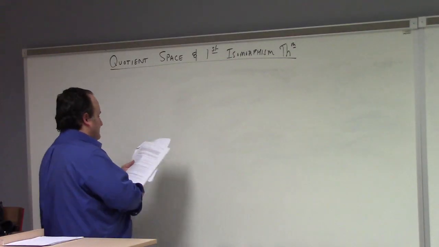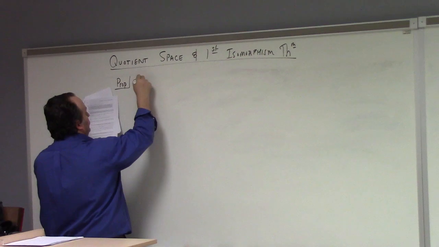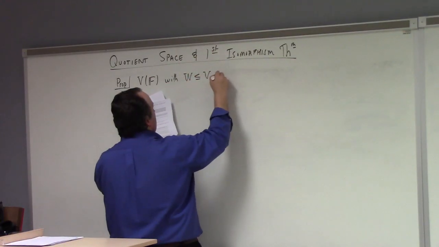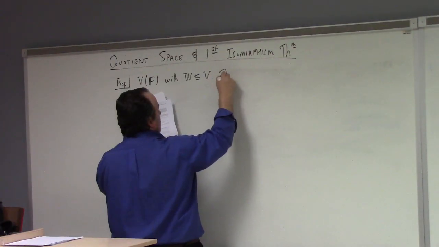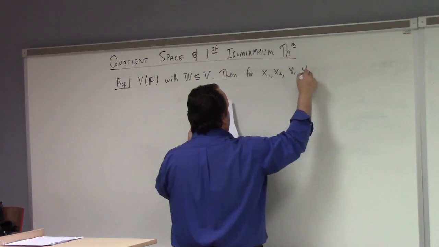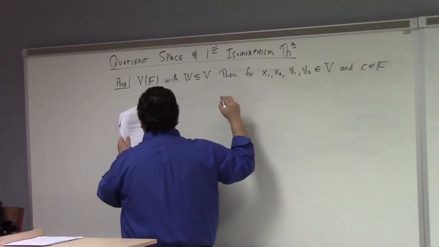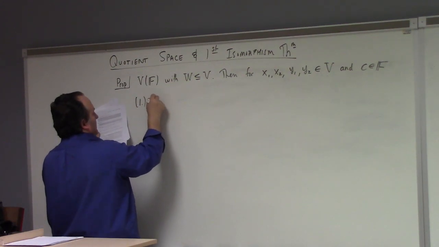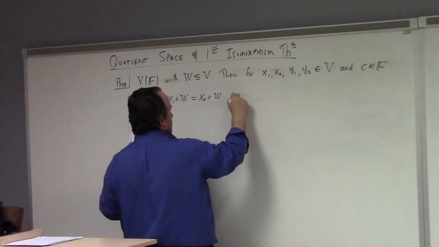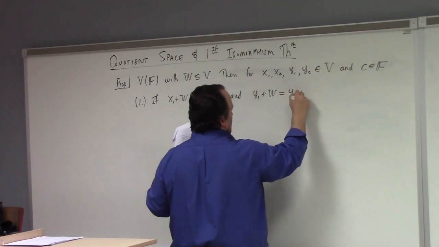So, proposition. Again, we've got a vector space V over field F with subspace W of V. Then for x1, x2, y1, and y2 elements of the vector space, and c in the field, I'm gonna number this: if we have that x1 plus W is equal to x2 plus W, and y1 plus W is equal to y2 plus W, right?